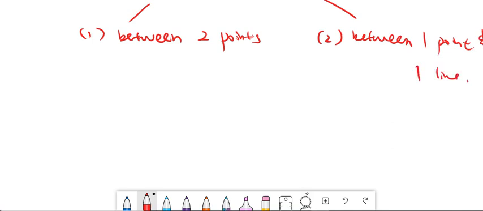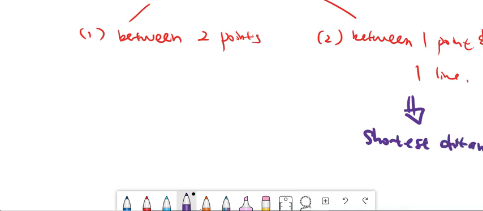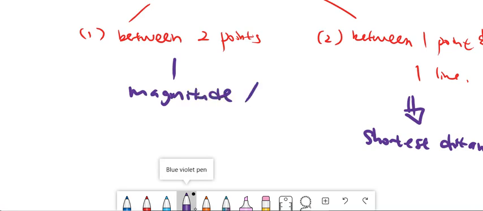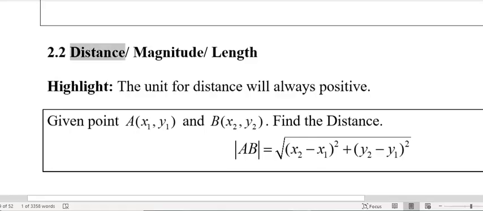For this part we actually name it as shortest distance. In general we can name it as distance, or you can say magnitude, or even the length between 2 points. Is that okay? Now let's continue.